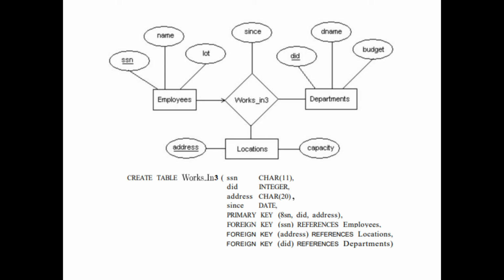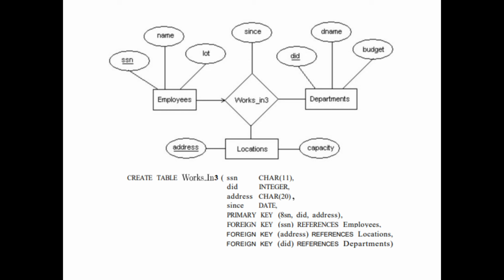At the time of creating the table Works_In_3, we definitely have a facility to use the primary key attributes of the other tables also. So we will consider the SSN attribute of the employees table, the DID attribute of the department table, and the address attribute of the location table, because those are the primary keys available for those tables. We will consider all those three here also for the Works_In_3 table.